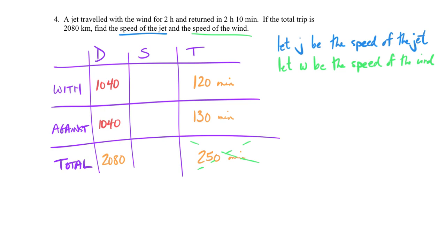If I'm traveling with the wind, then that wind is behind me, behind the jet, and it is pushing it to go faster, which means that my speed is going to be the speed that I set the jet at plus the extra speed of the wind.